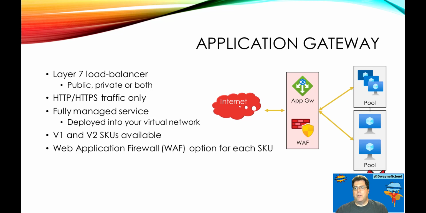If you look at the diagram, you can see traffic comes in from the internet and hits the application gateway. The packets can be filtered and read by the web application firewall, and then sent to your virtual machines on the back end, or databases, or whatever you are presenting to the users accessing through the internet.